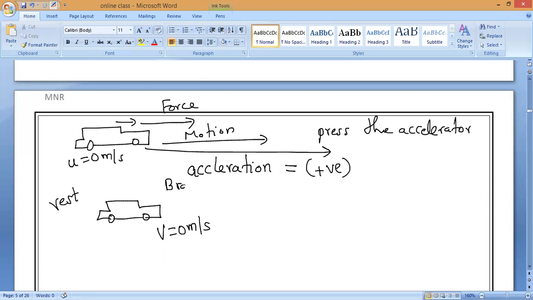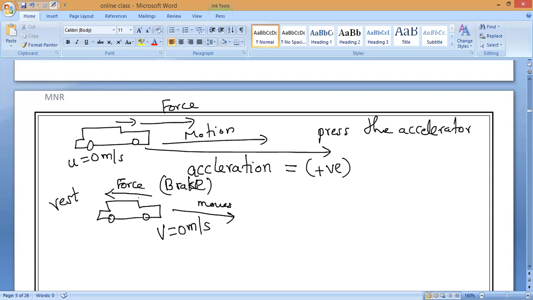Now you tell me, brakes are applied. Brakes applied means the force is acting in the same direction as the motion or the opposite direction? Brakes act in the opposite direction. But when he presses the brakes, is the car moving in the opposite direction or still moving forward? Still moving forward, sir. It moves forward, and only then will it come to rest, after traveling a certain distance.